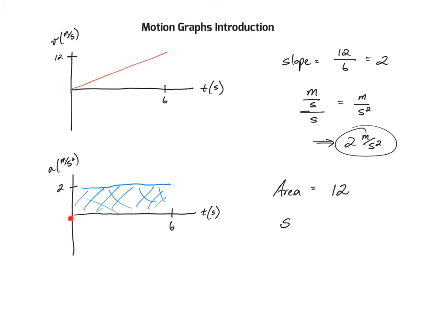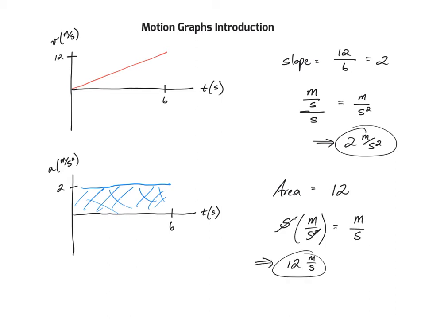My height units are meters per second squared. If I multiply those two out, well, this seconds is going to cancel out with one of these seconds. So I'm going to end up with meters per second. So my area there is 12 meters per second.